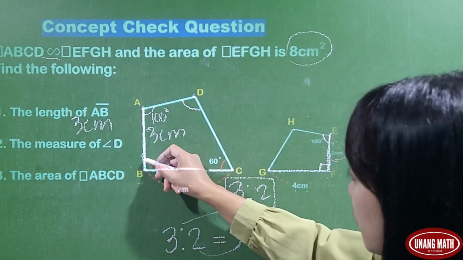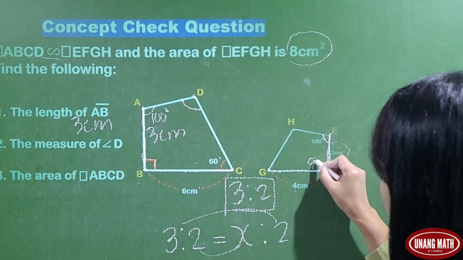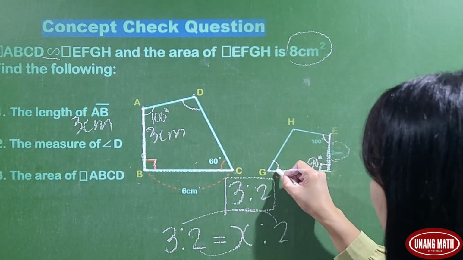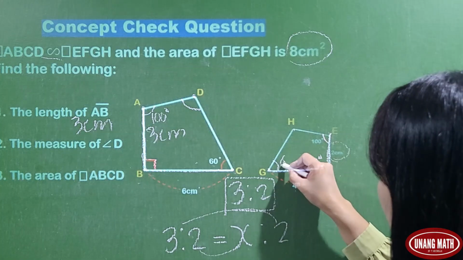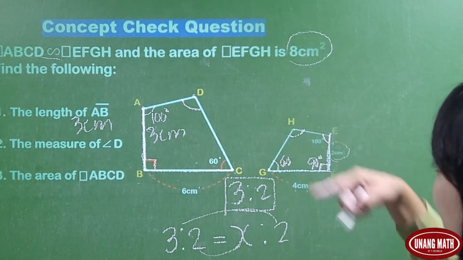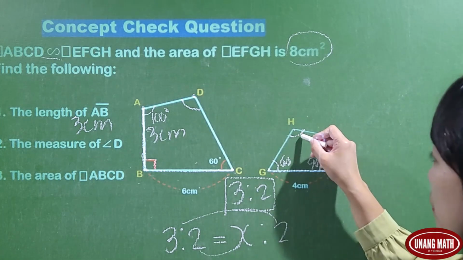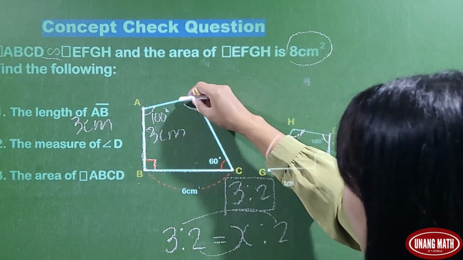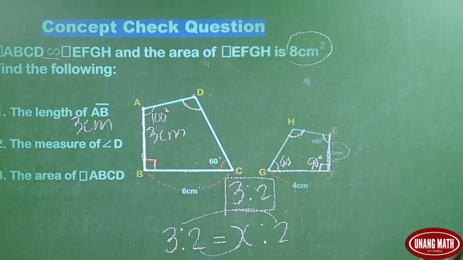Angle F corresponds to angle B, 90 degrees. And angle C corresponds to angle G, so this is also 60 degrees. What about angle H? We actually don't know angle H yet, and this angle H corresponds to angle D.